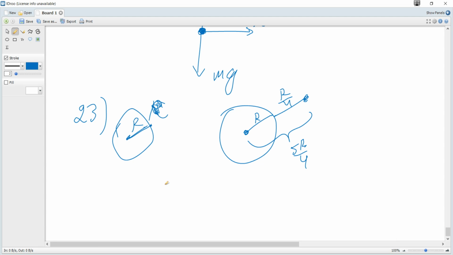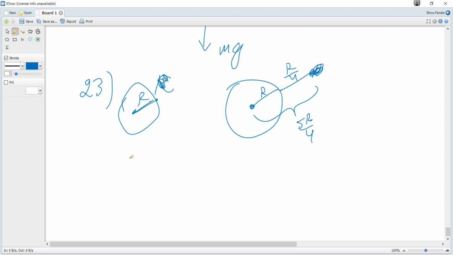And the question is, what is the ratio of the gravitational force on the satellite at the surface to the gravitational force on the satellite at height H? So what is gravitational force?